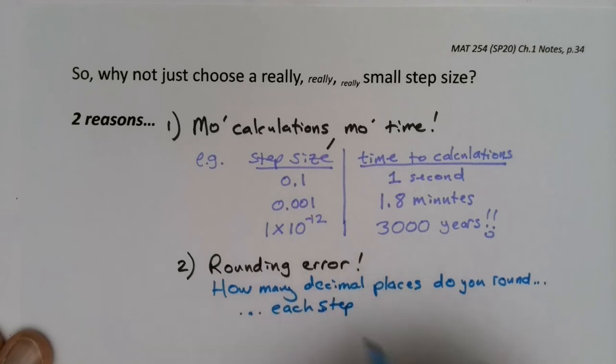Because when you calculate each step, you have to do some rounding. And of course, how many decimal places you round each step tells you how much information you have left to compute with. And of course, how many decimal places do you round your final answer?